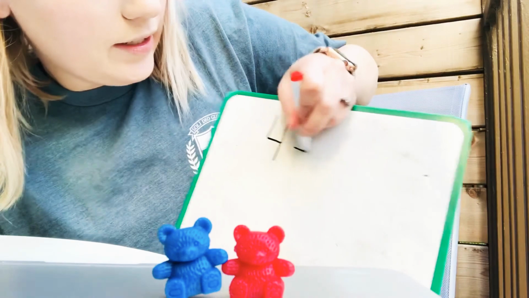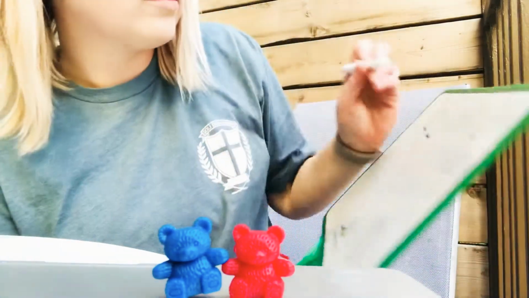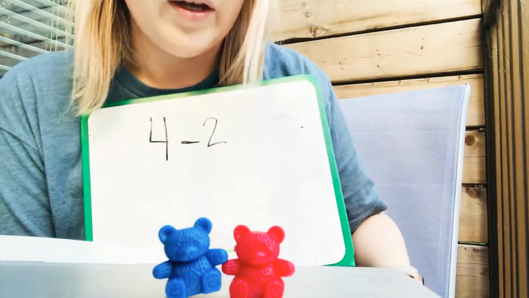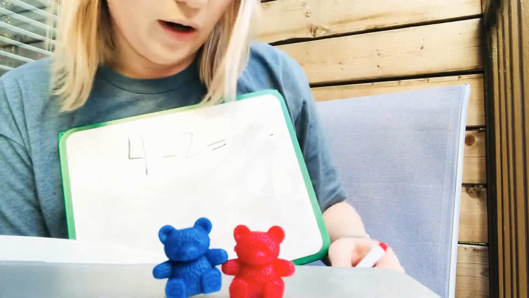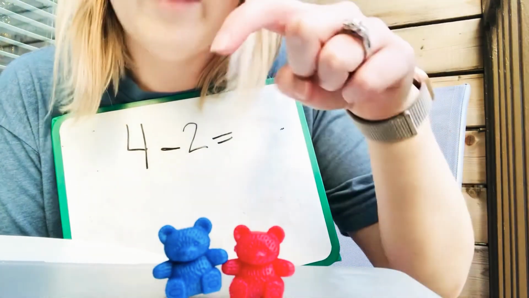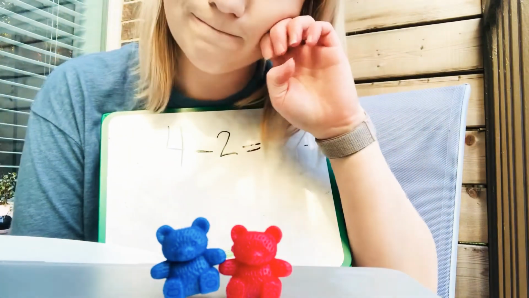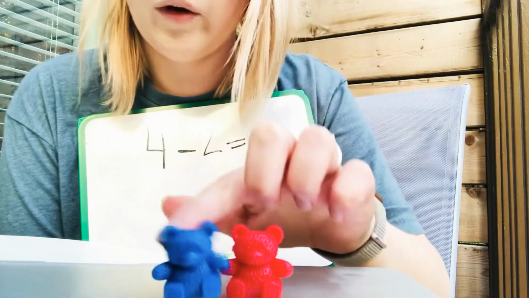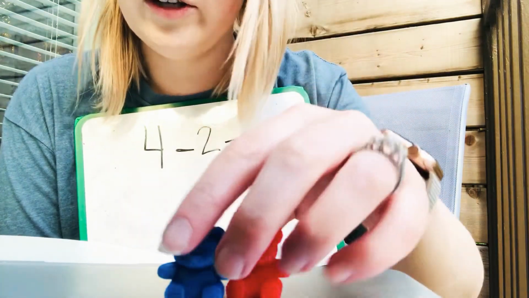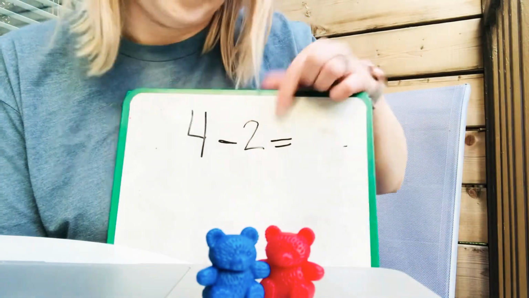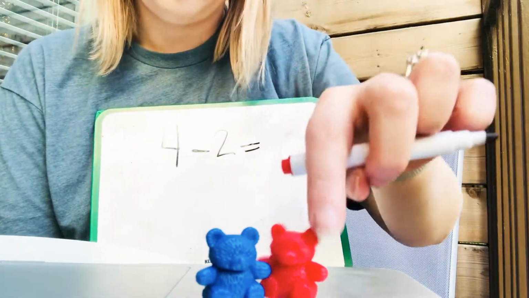And I'm going to put my minus sign because minus means to subtract. I'm going to put 2. I took 2 away, okay? After I took 2 away, how many bears do I have left? 1, 2. There are 2. So 4 minus 2 equals 2.